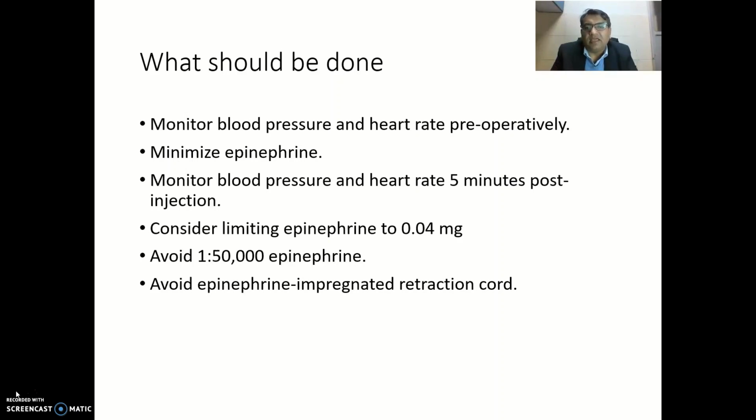Consider limiting the epinephrine to 0.04 mg. This is equal to 2 cartridges. Avoid 1 in 50,000 epinephrine solution, because this is also going to induce the production of endogenous epinephrine. And finally, the most important thing is to avoid epinephrine impregnated retraction cord.